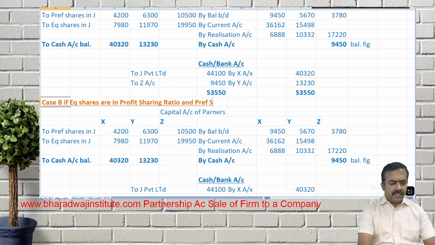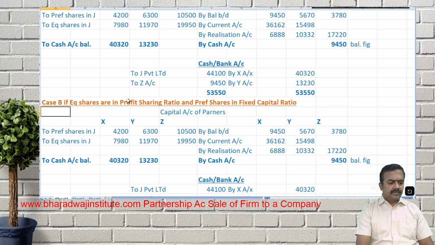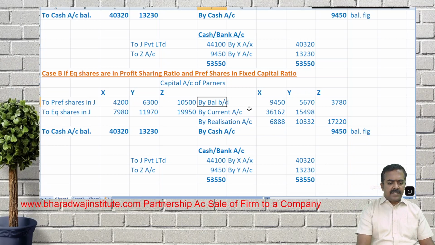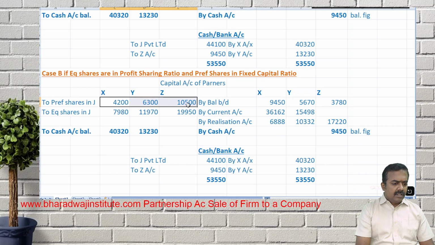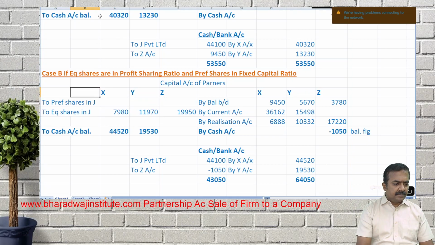And the preference shares in which ratio? Fixed capital ratio. Credits will be the same. This will be the same, this will change. Equity shares and preference shares will change. Preference shares will change, equity shares are the same, no problem. How will this change?